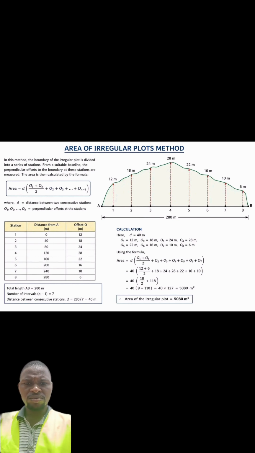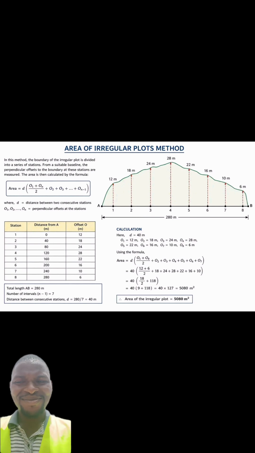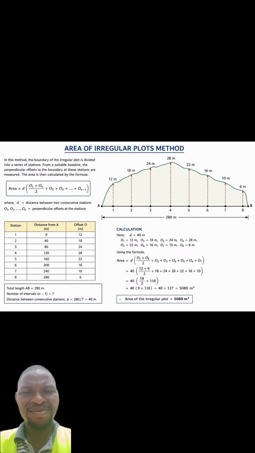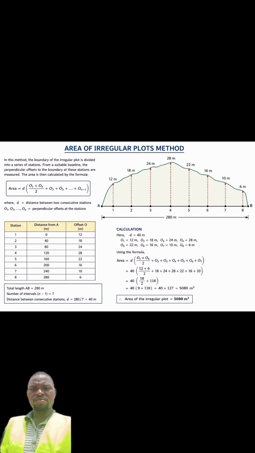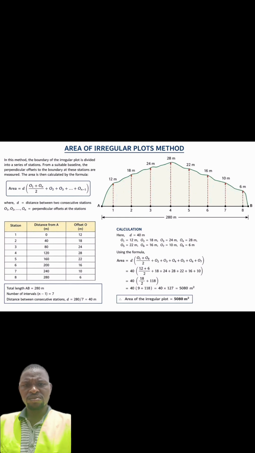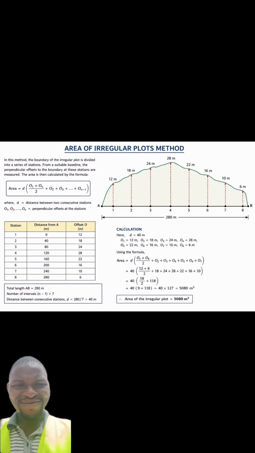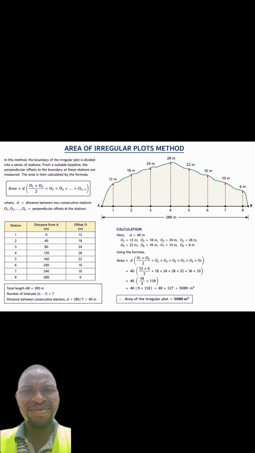Let's look at the calculation. The total length between A and B is 280 meters, and D, as we calculated, is 40 meters. O1 is 12 meters, O2 is 18, O3 is 24, O4 is 28, O5 is 22, O6 is 16, O7 is 10, and O8 is 6 meters.